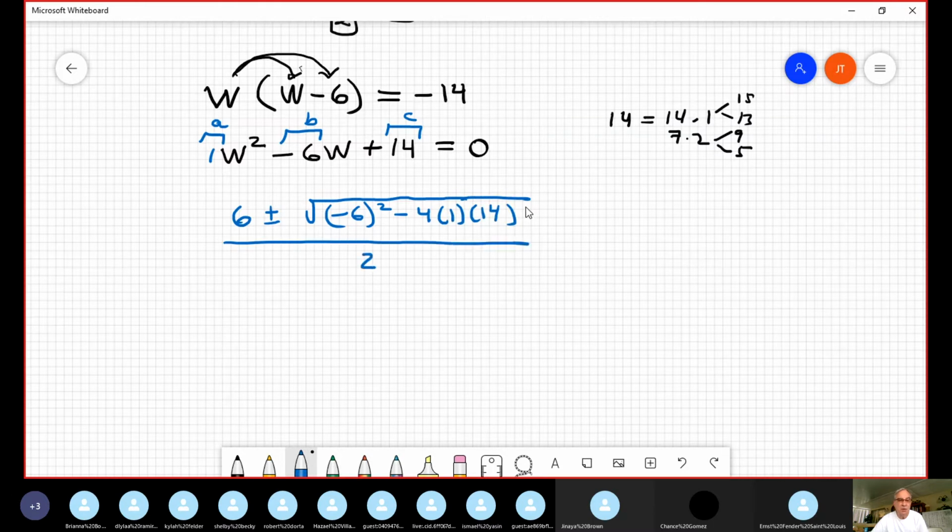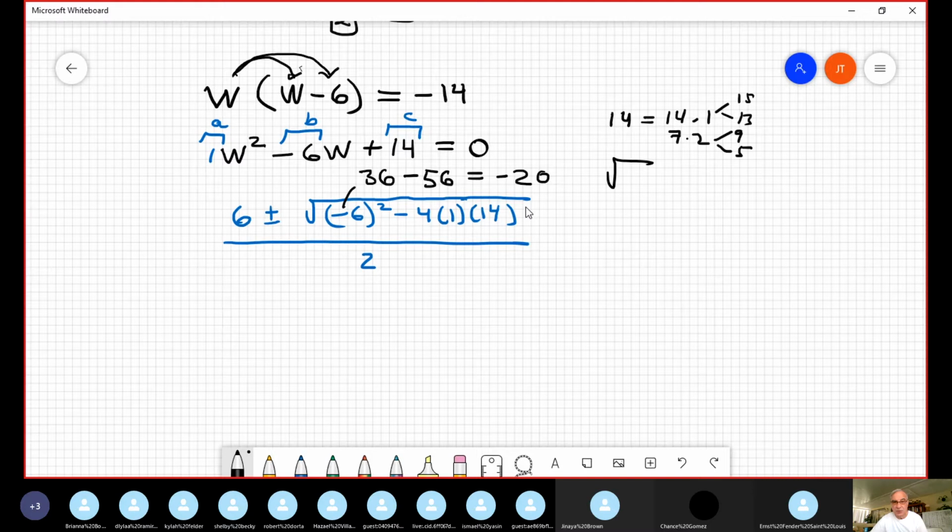This is 36 minus something. Okay, I put it in my calculator: 14 multiplied by 4 is 56. The 36 minus 56 is negative 20.